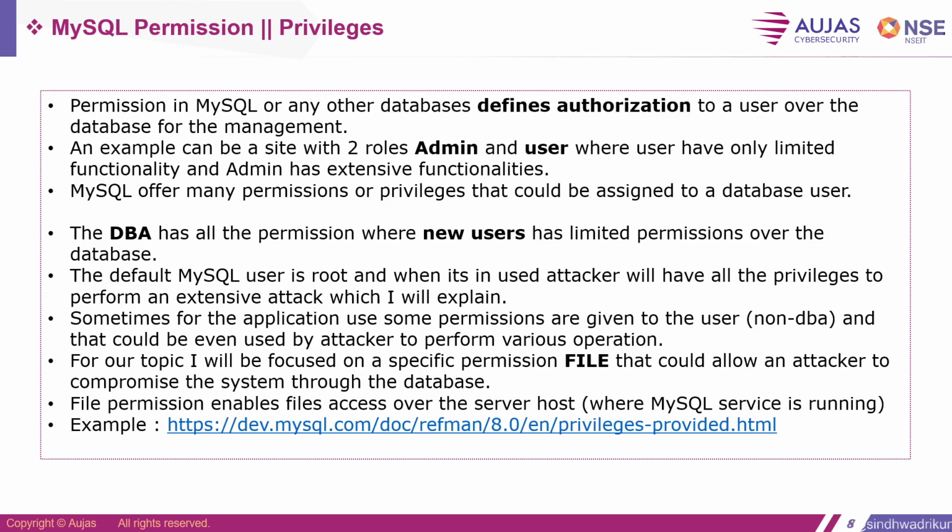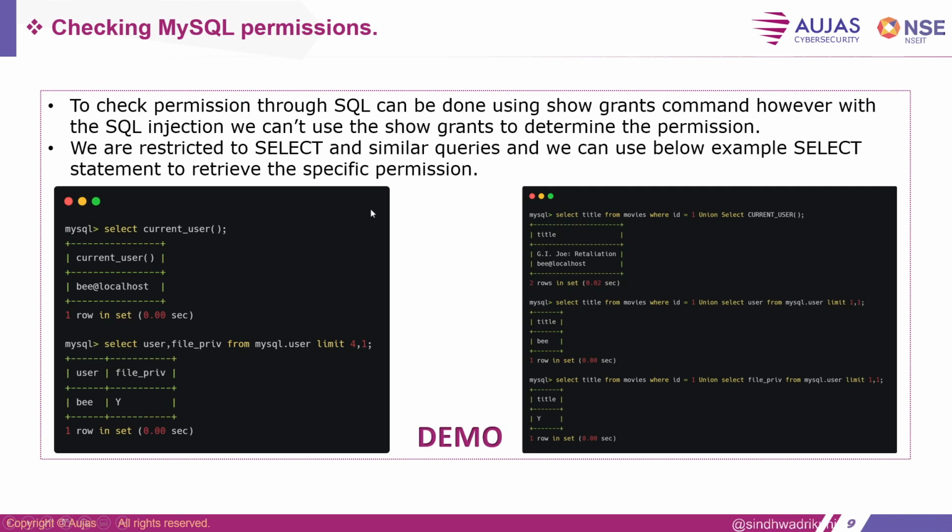So let's move it further. Now checking my SQL permission, I'm already done with it. I didn't remember that I already had created a slide. But this is an example which you'll get from the PPT for reference, which you can check tomorrow. To get the current user information, you can also use the current user function because you might not be aware which user is in use in the backend.